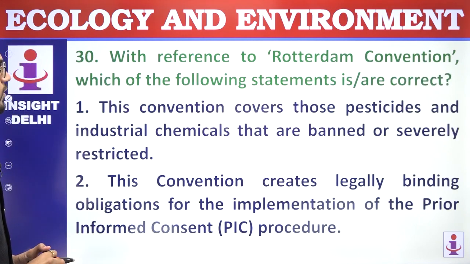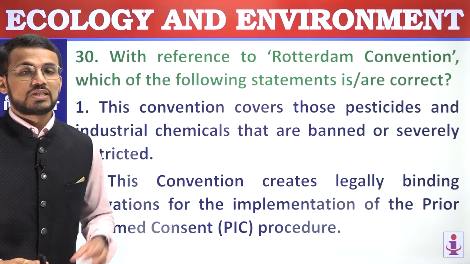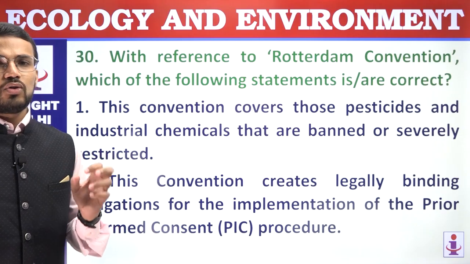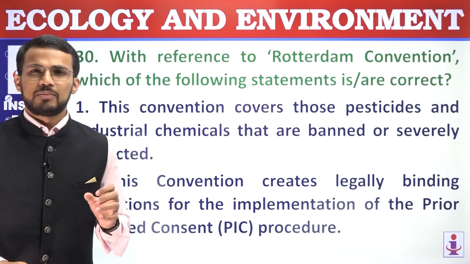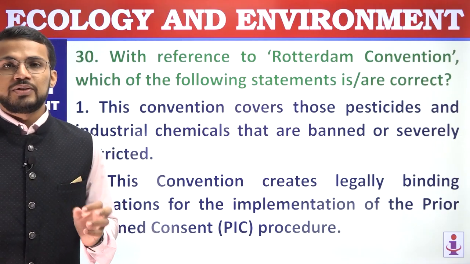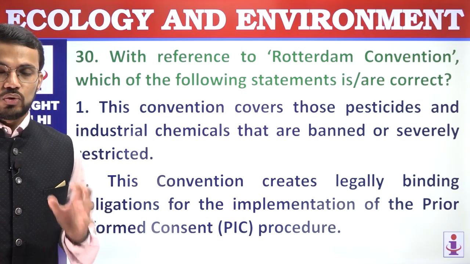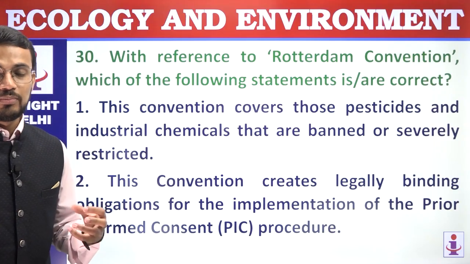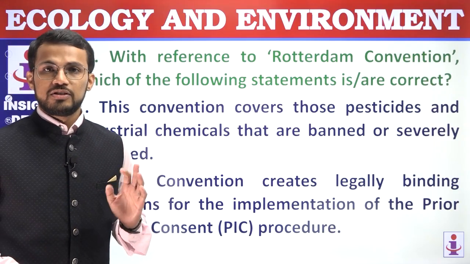30th question. With reference to Rotterdam Convention, which of the following statements are correct. Right, so Rotterdam Convention was adopted in 1998, which makes sure that the trade of chemical substances amongst countries is controlled, so that the damage that these chemical substances, fertilizers that they cause is reduced.